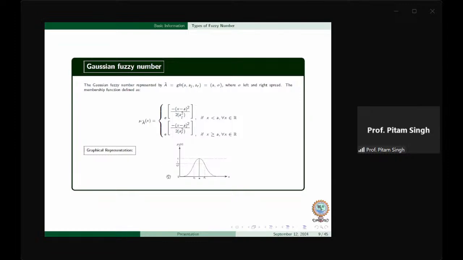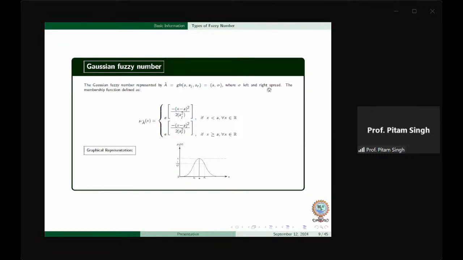Now if we take the uncertainty as a Gaussian type of curve, we can define the Gaussian curve as usual. In the Gaussian type of curve, we have a bell shape. In place of the left spread and right spread in general fuzzy numbers, for Gaussian fuzzy numbers the spread is the standard deviation.